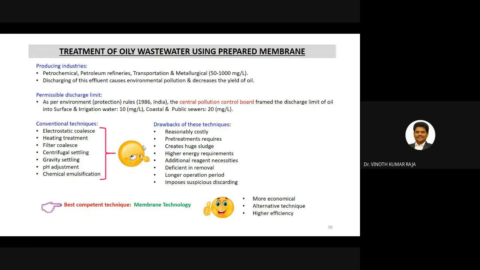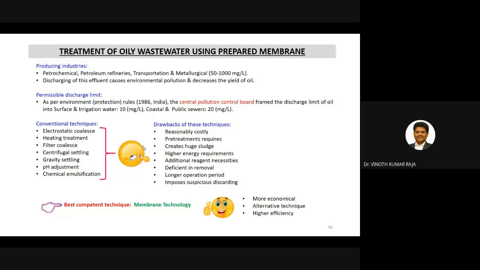If you look at the drawbacks, the conventional techniques are reasonably costly, and some techniques also require pre-treatments, and many techniques create huge sludge, and some heating treatments require higher energy, and some techniques also require additional reagents and additional chemicals.